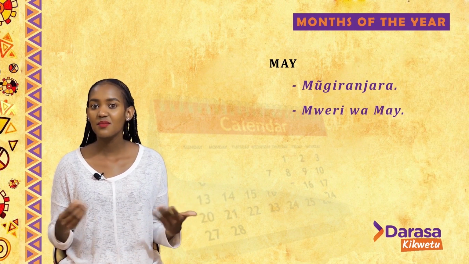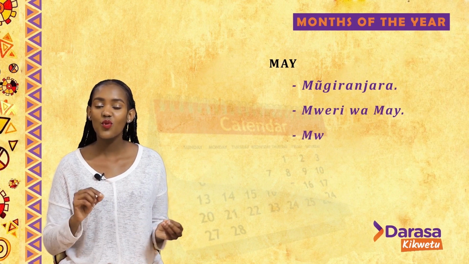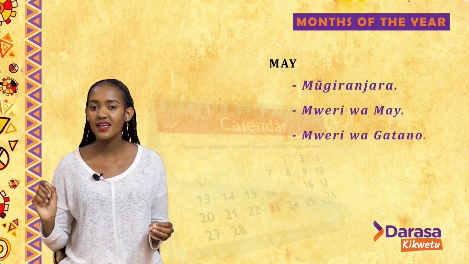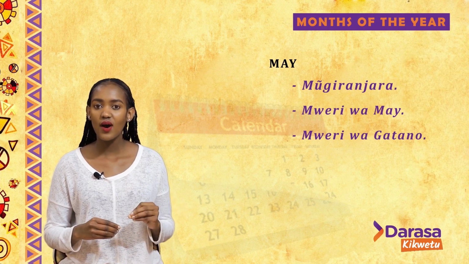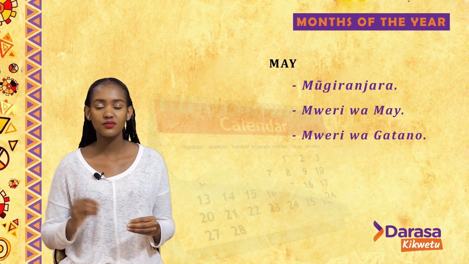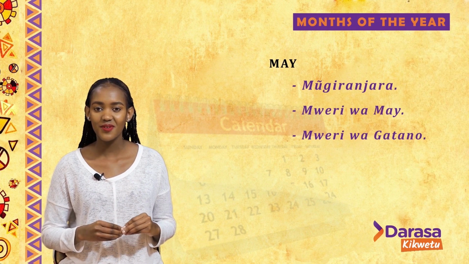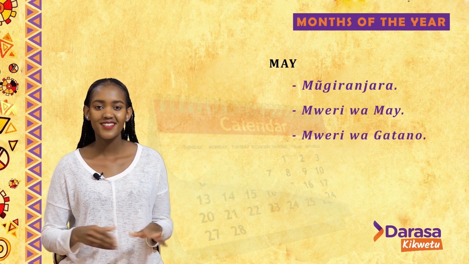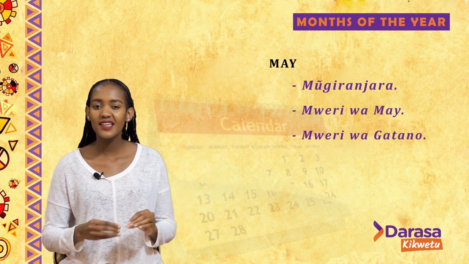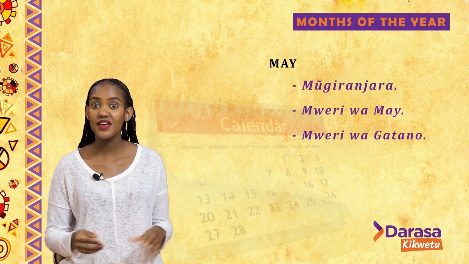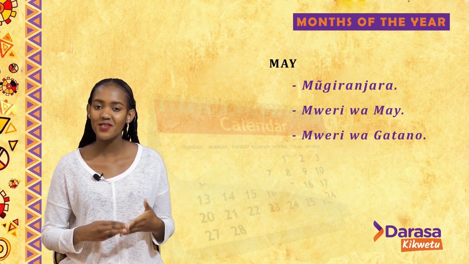So you can say May, you can say Mweri wa Gatano. Okay? It's still okay. When you tell even a child who lives in the village, they'll know that May is the 5th month.